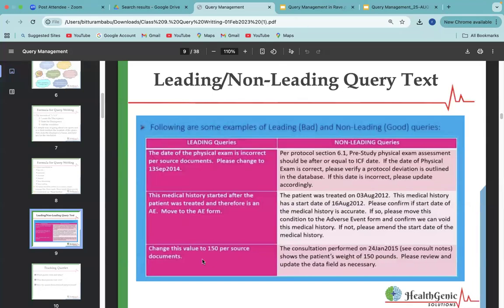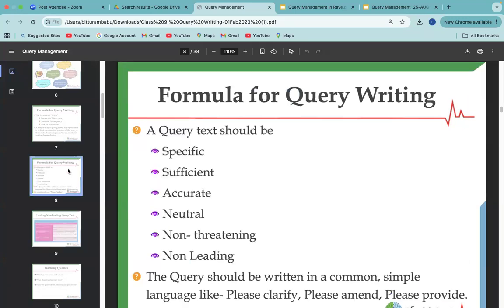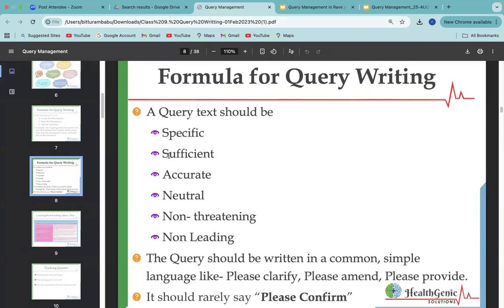Okay, I'll tell. If you see here, "The date of the physical exam is incorrect. Per source documents, please change this to the third." So they're giving a direct instruction. Here, sufficient information should be given that is accurate, neutral, non-threatening, non-leading.